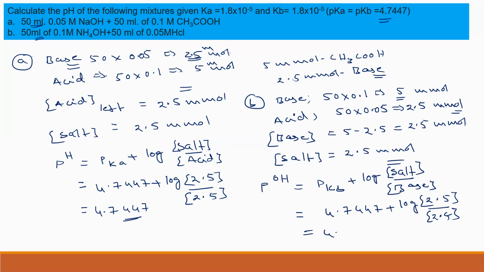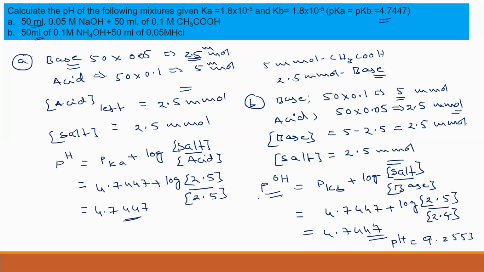So the pOH is 4.7447. And for this one, pH is equal to 14 minus 4.7447, 9.2553 approximately. So this is the value of pH for this solution.